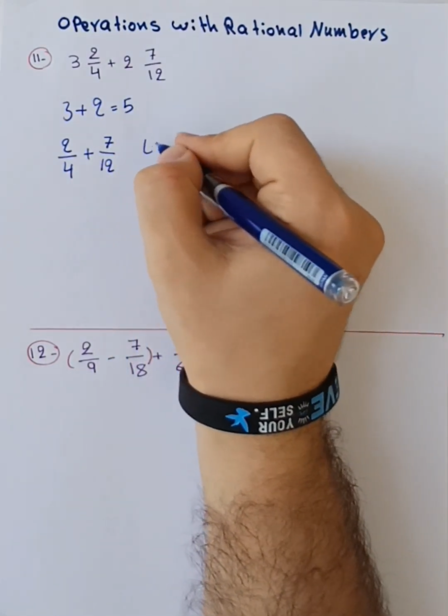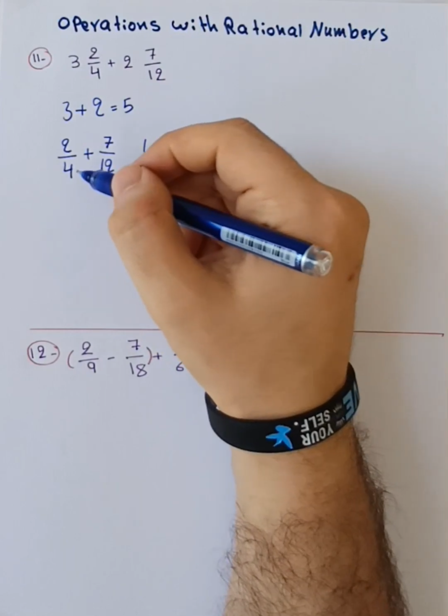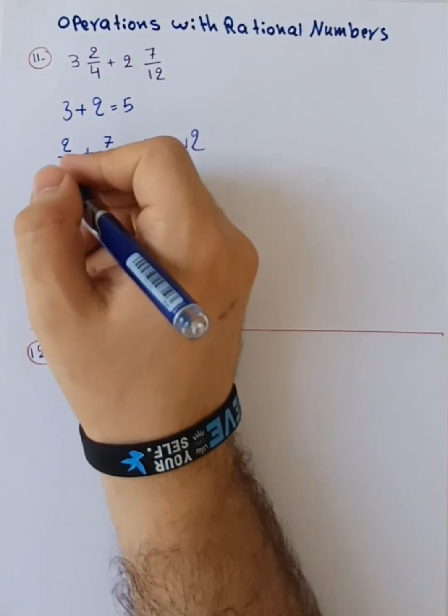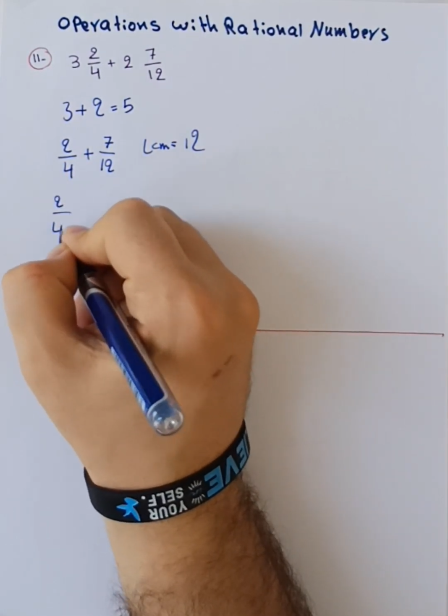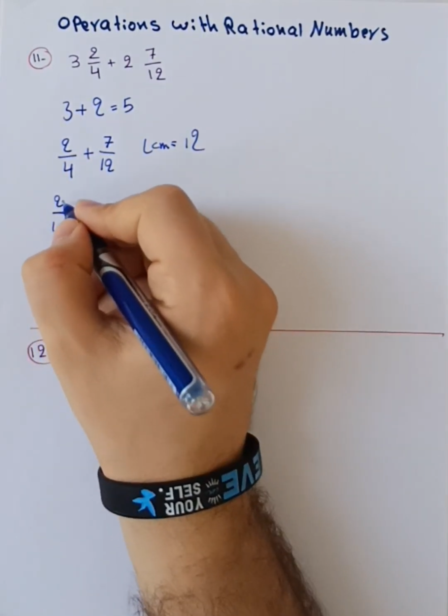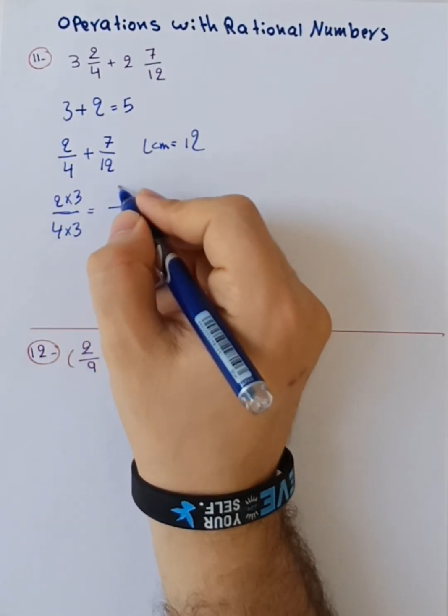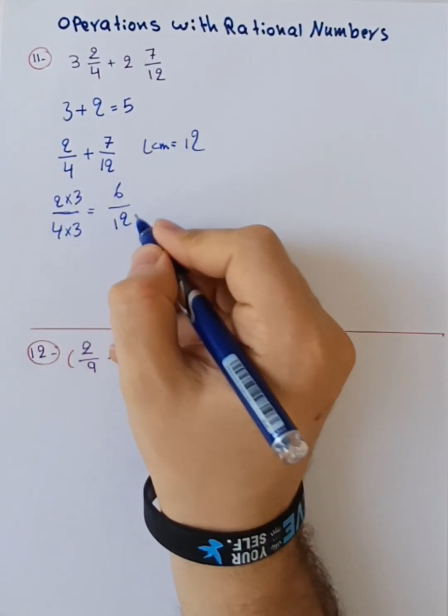The least common multiple for 4 and 12 is 12. So we have to change 2 out of 4. 4 multiplied by which number equals 12? Multiplied by 3. 2 times 3 is 6, 4 times 3 is 12.